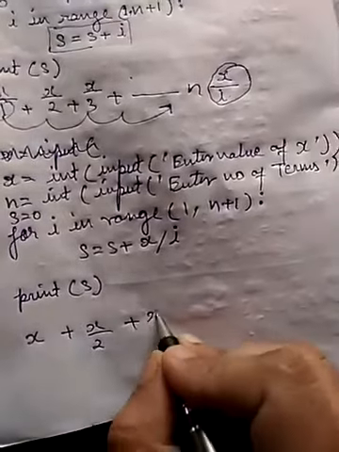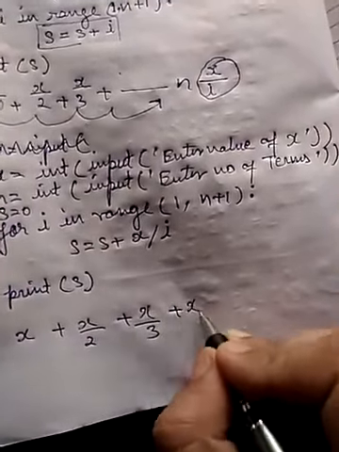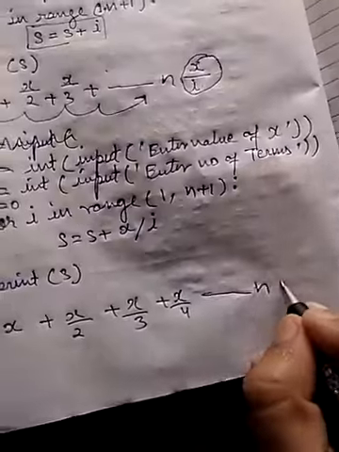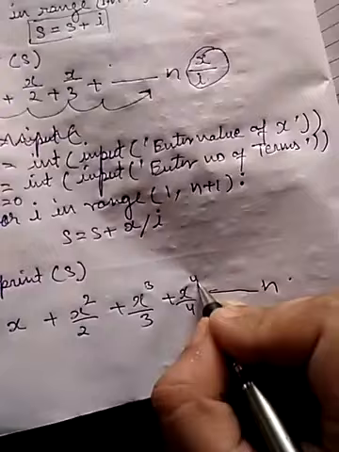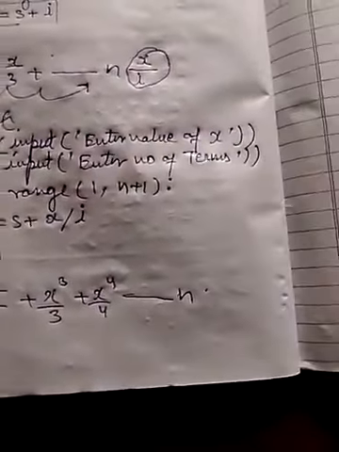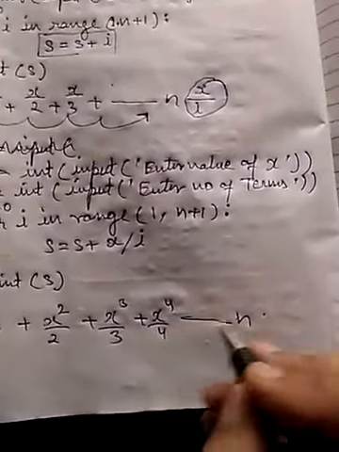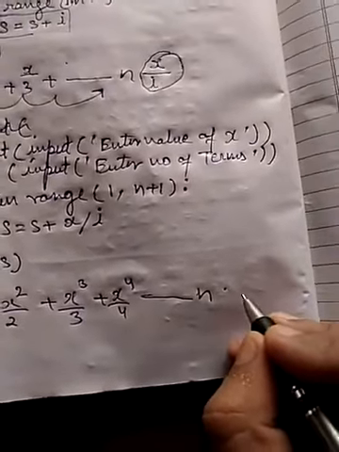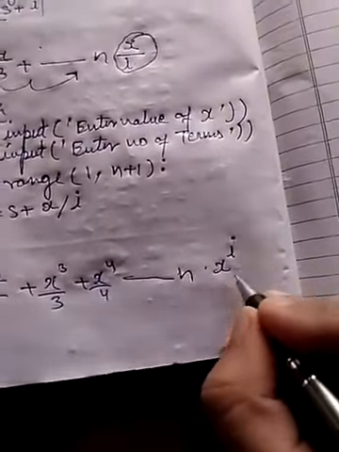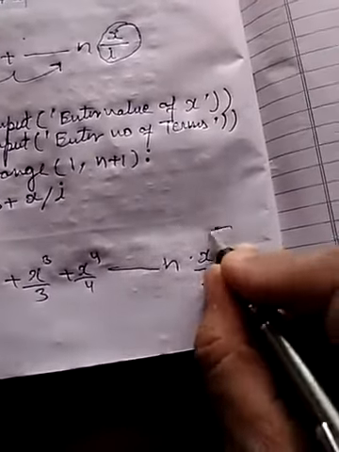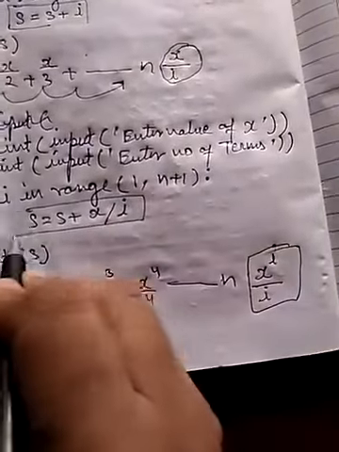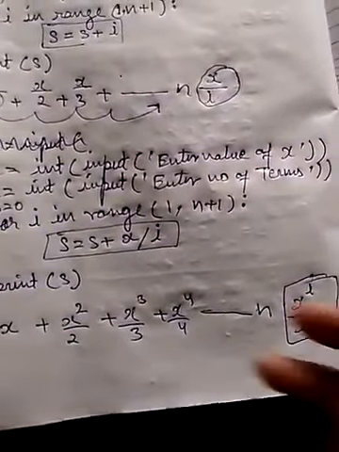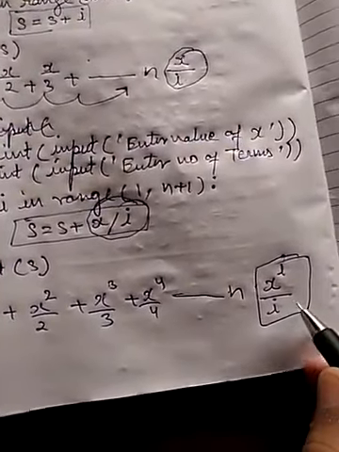Now let us modify this question to more complex. X upon 2, x upon 3, x upon 4 till n. Now I am raising the power. So here what you see, the answer is same, only the term is changed. Term will be x to the power I upon I. So the part where we are performing the sum is going to change according to this.